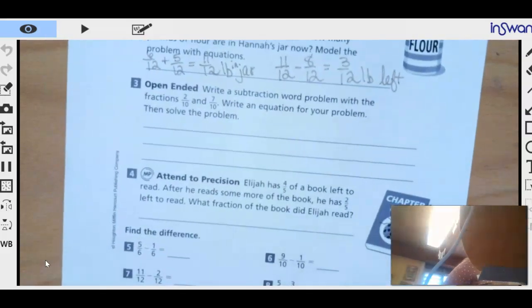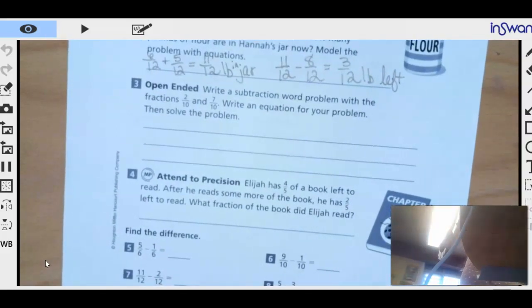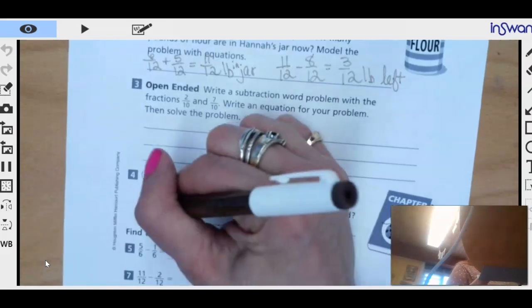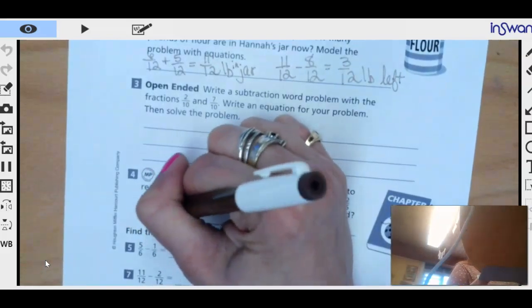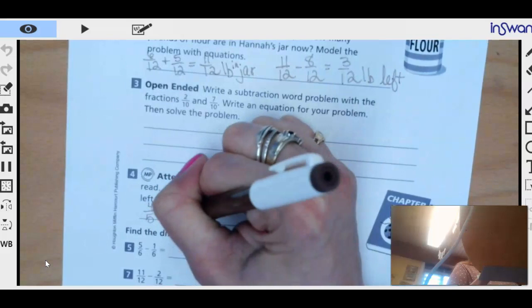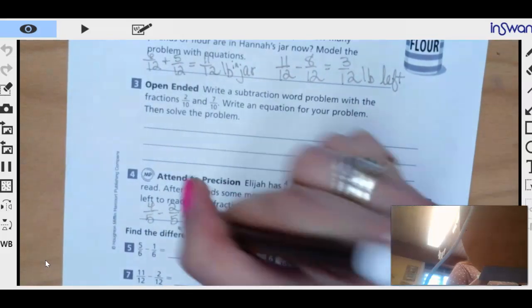Number 4, Elijah has 4/5 of a book left to read. After he reads some more of the book, he has 2/5 left to read. What fraction of the book did Elijah read? What are we going to do? Yeah, we're going to subtract. What are we going to subtract though? 4/5 minus 2/5. 4/5 subtract 2/5 equals 2/5.